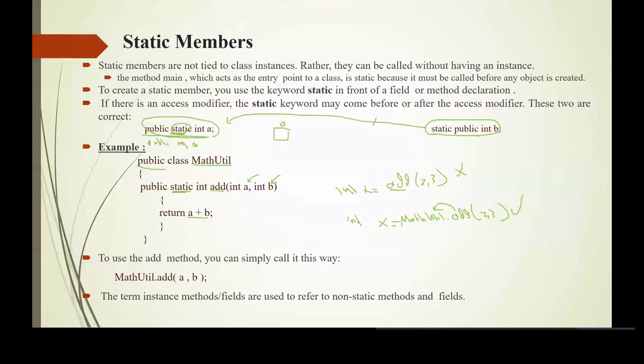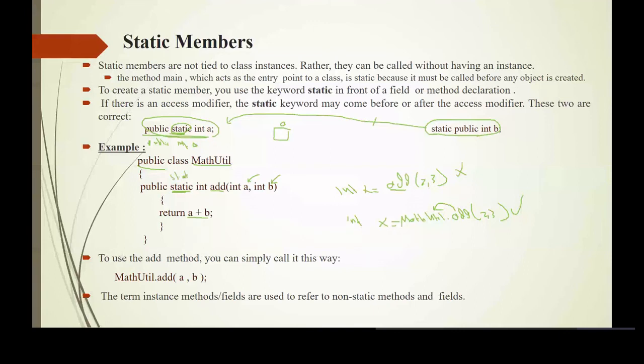If you want to call the function or use the variable, you have to use the class name, because static means it is attached to the class. Same way for the variable. If you have a static variable, you have to mention the class name.